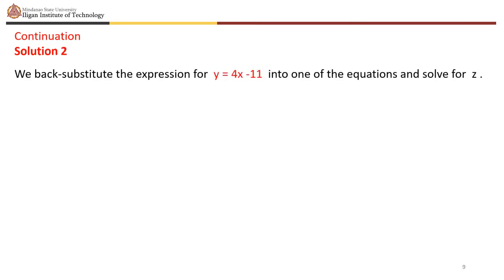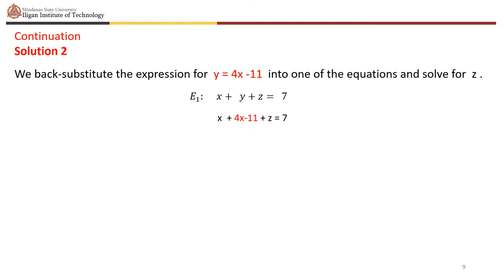For the continuation, we back substitute y equals 4x minus 11 into one of the equations and solve for z. So since our e sub 1 is given by x plus y plus z is equal to 7, we can now substitute y equals 4x minus 11 into y here. So we have x plus 4x minus 11 plus z equals 7. But x plus 4x will give us 5x. We have minus 11 here, and then plus z is equal to 7.